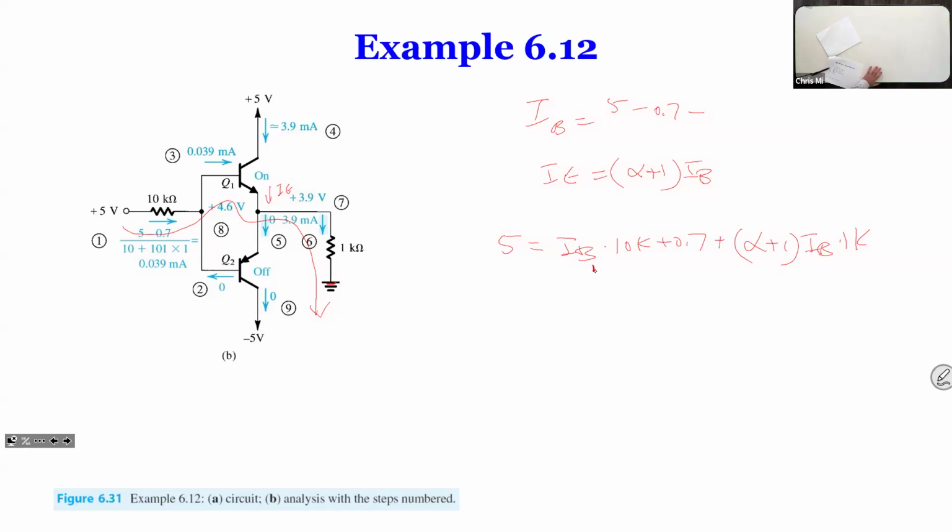Why is it alpha? Why is what? Oh, beta, I'm sorry. Yeah, you're right. I was going to write alpha, then I wrote plus 1. Beta plus 1. Yeah, thank you.